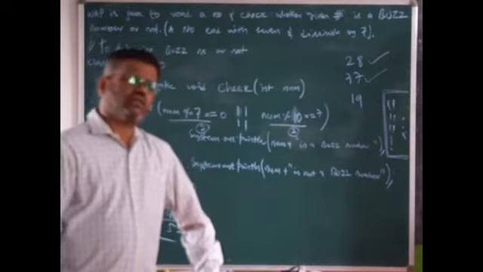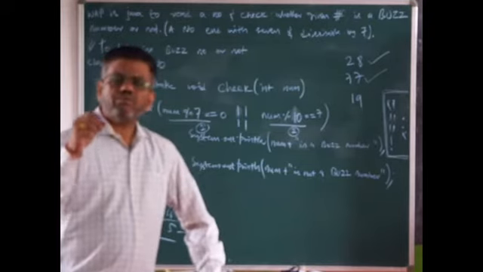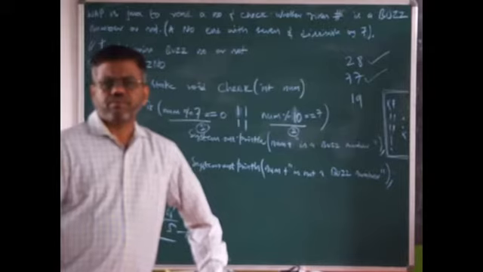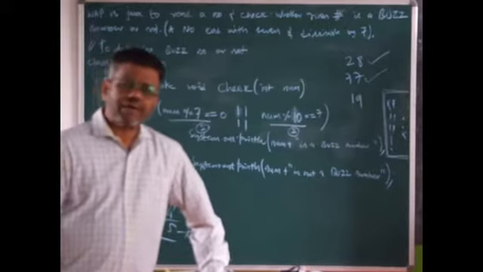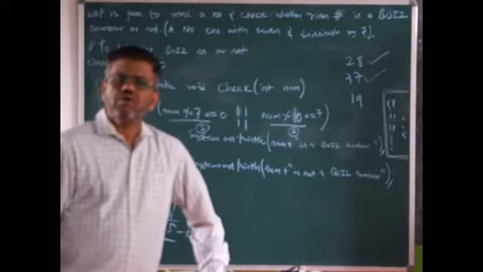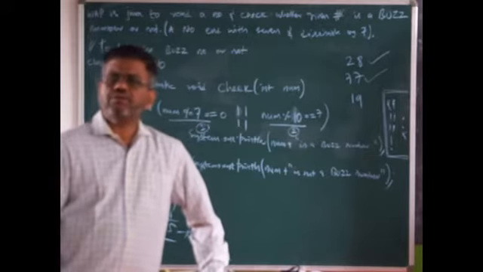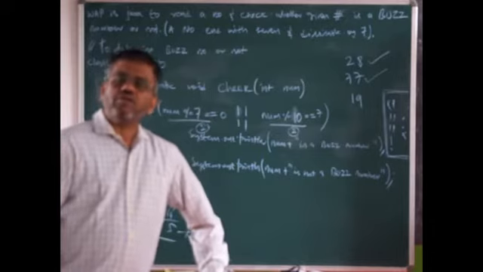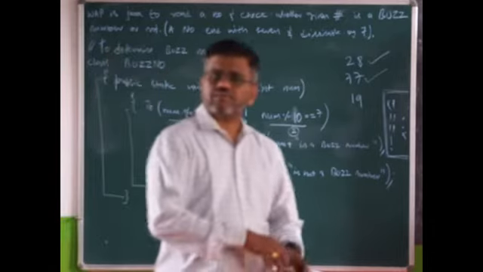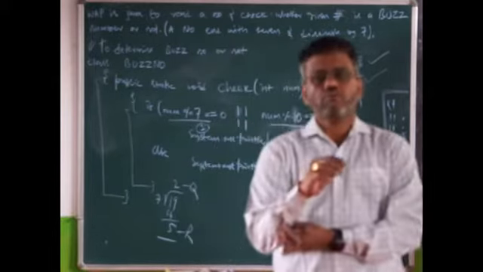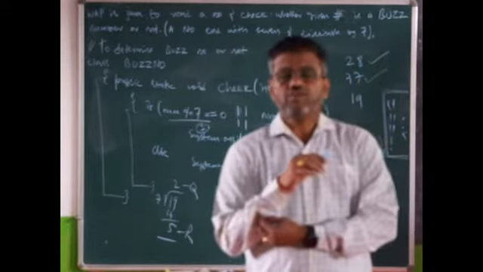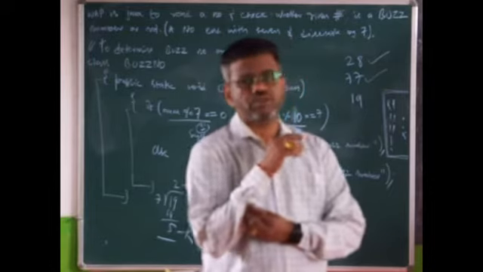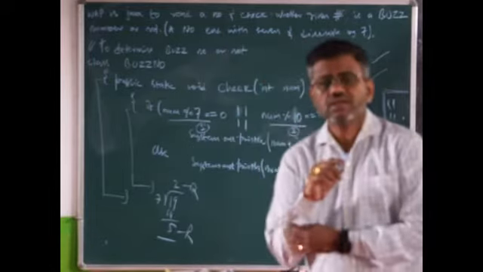I request once again, boys and girls, install BlueJ and get it typed. Compile it, give some sample inputs and wait for the output. Sometimes you may have no syntax errors, but still you will not get the output. What do I mean by that? Your program is syntactically right, meaning grammatically there are no errors, but logically there are some errors.